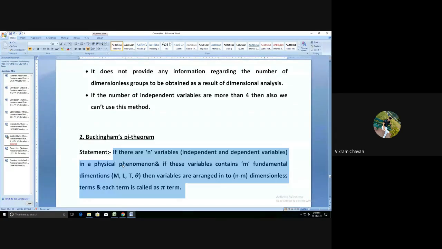In that equation, force depends on mass and acceleration, so force is considered a dependent variable, whereas mass and acceleration we have to consider as independent variables.